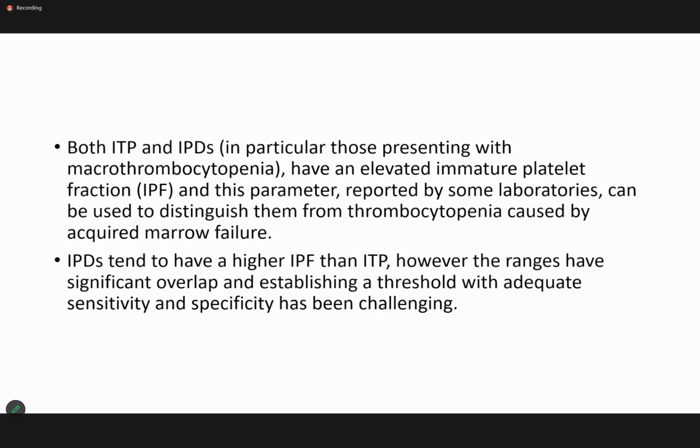Okay, for those who want to use IPF to distinguish between IPD and ITP, you need to establish your own range to distinguish between inherited platelet dysfunction disorder and ITP.